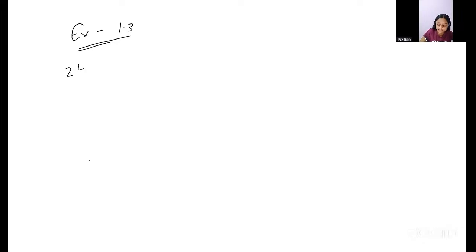247 multiplied by dash equals 33 into 247. Now, when I look at this question, I can see that there is a property being used. Out of the multiplication properties we studied, there is a property being used. Okay, what is it?